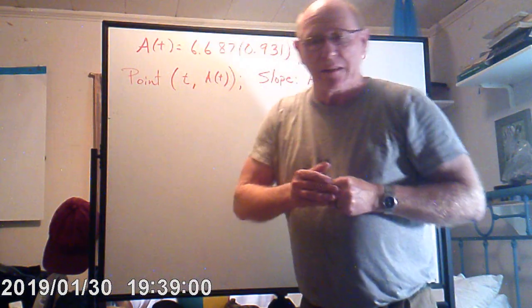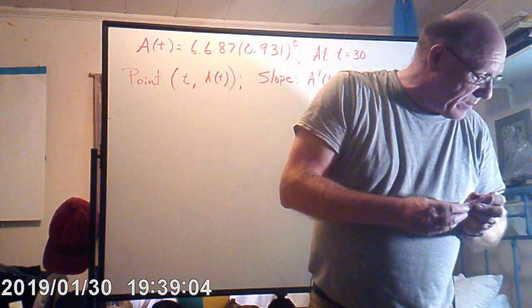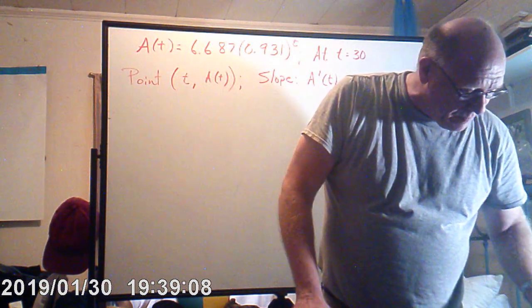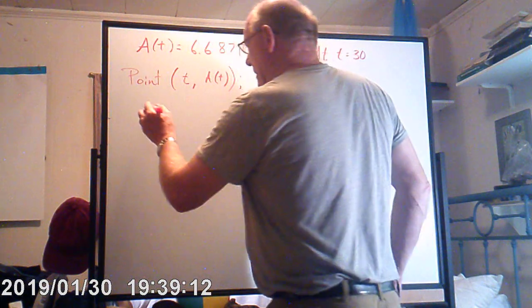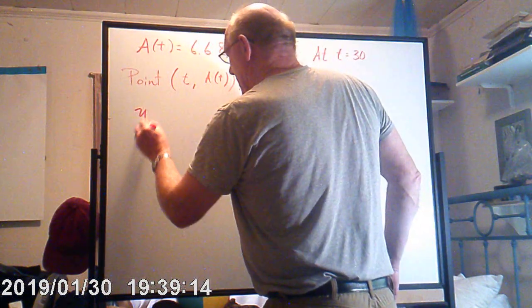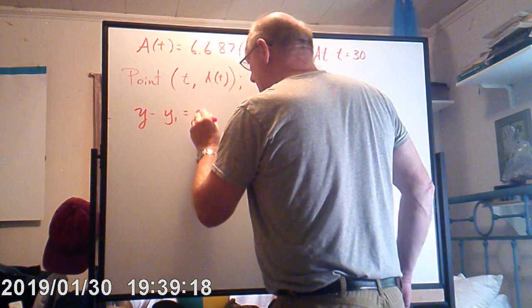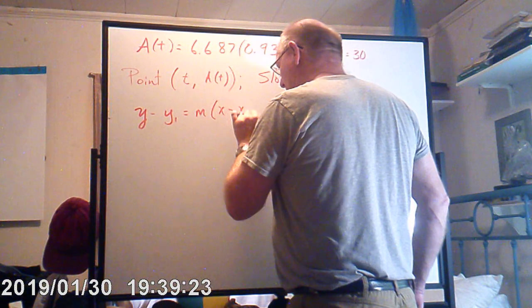It's been a while since I've looked at this problem. I wrote it down somewhere and I can't remember where I put it, but we can manage without it. We do know that y minus y1 is equal to m times x minus x1.